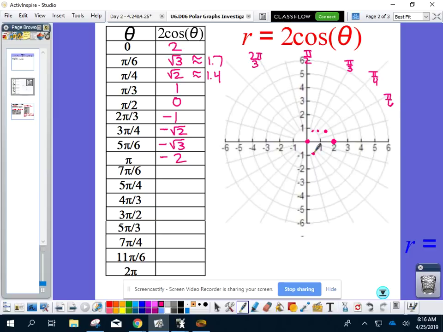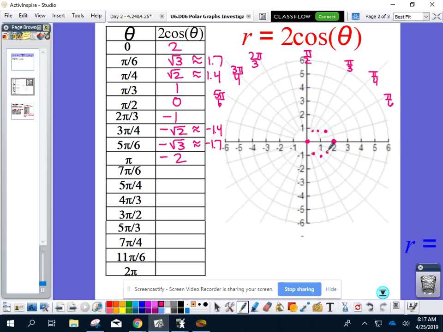Middle tick mark would be 3 pi over 4, and we'll count back approximately negative 1.4 this time, so about here. And then negative square root 3 is the next radius, so that's about negative 1.7. Opening up to 5 pi over 6, counting back about 1.7.